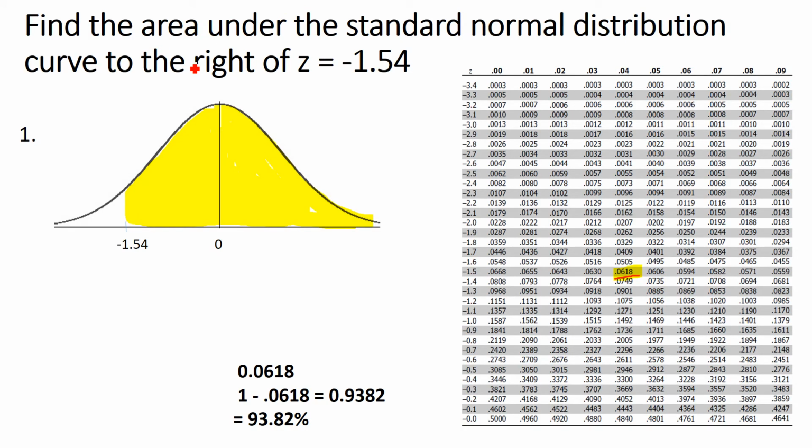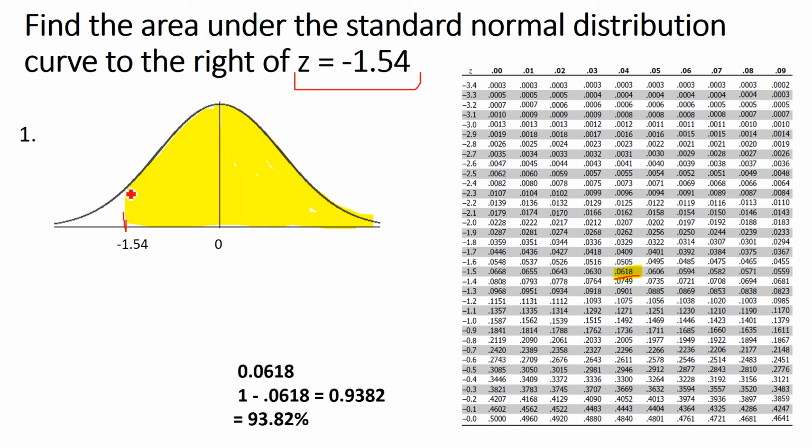First is to find the area under the standard normal distribution curve to the right of the z value. This is the right, and the z value is given. What is the z value? Negative 1.54. Negative is below the mean. Here will be one standard deviation, and 1.5 is a little bit beyond it.